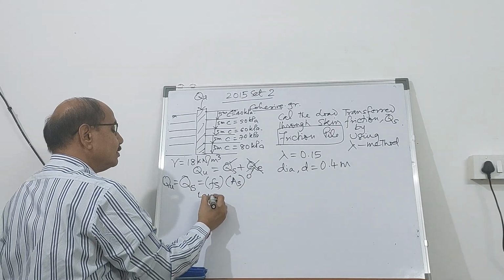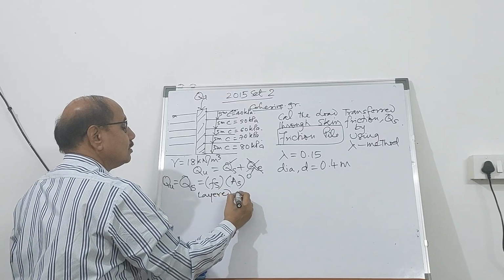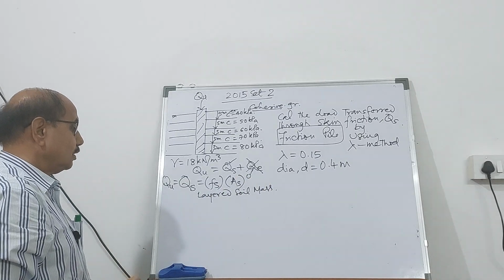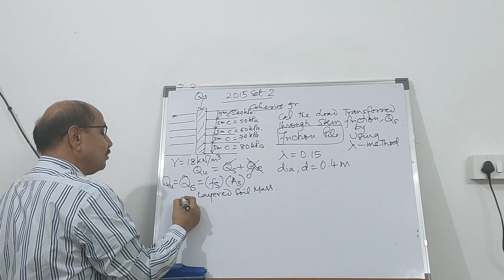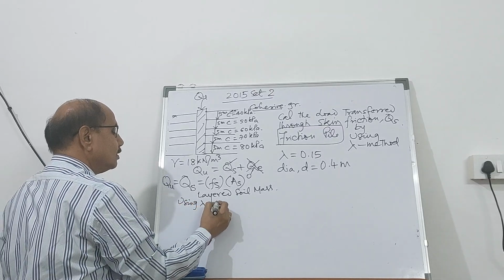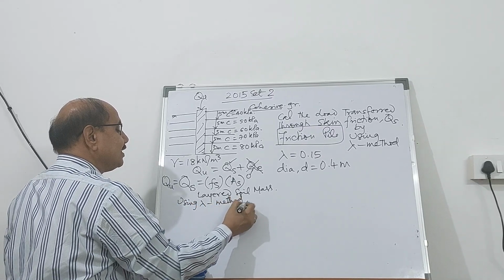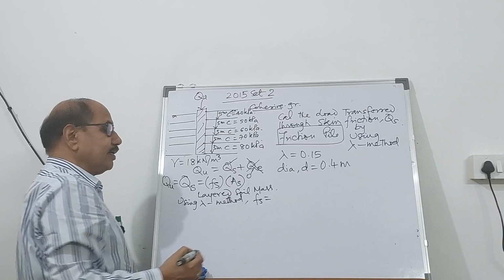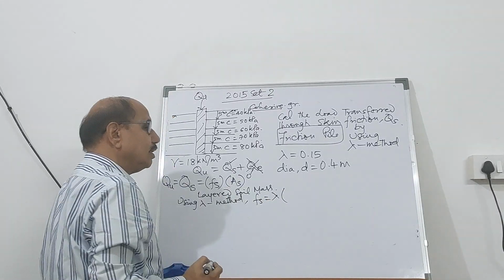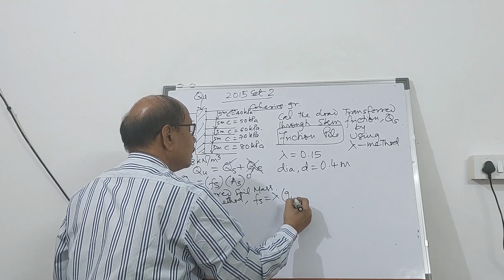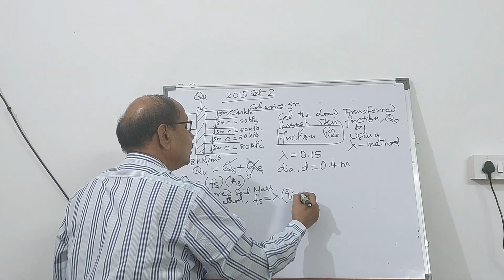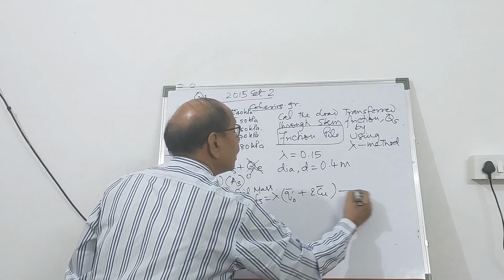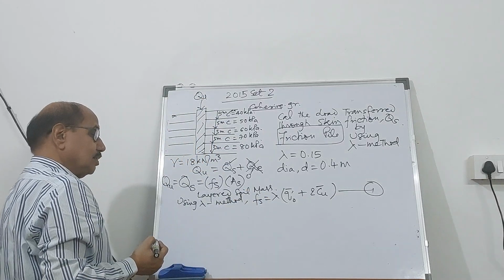Now it is a layered soil mass. Using the lambda method, we can easily calculate the value of Fs, which is given as the coefficient lambda multiplied by Q naught prime bar plus 2 times Cu bar. This is the formula for Fs.